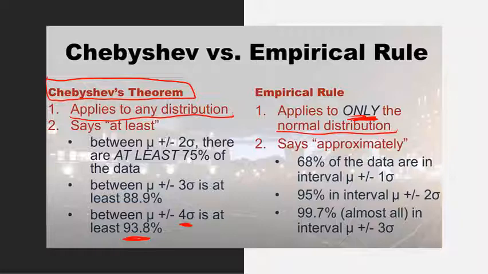Approximately is the term we want to use, because nothing is usually 100% sure. But this gets way more specific than Chebyshev's Theorem, so it's way more useful, especially if you have a normal distribution.